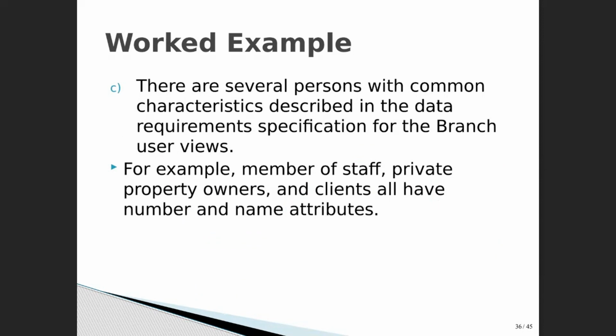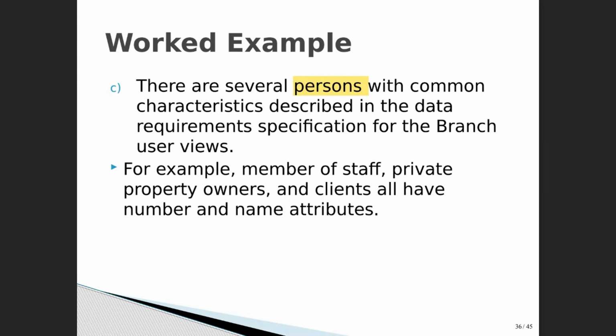Also, we can add a superclass like person, as having common characteristics or shared attributes. For example, member of staff can be person, private owner can be person, clients, all can be person.